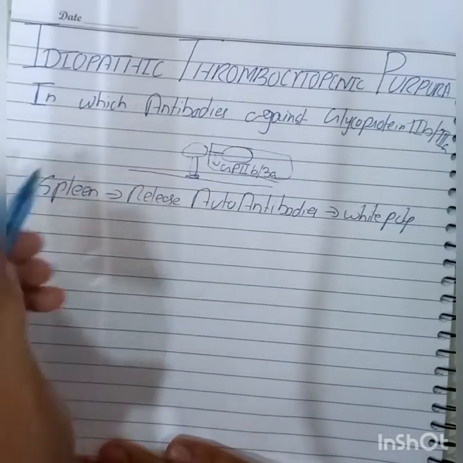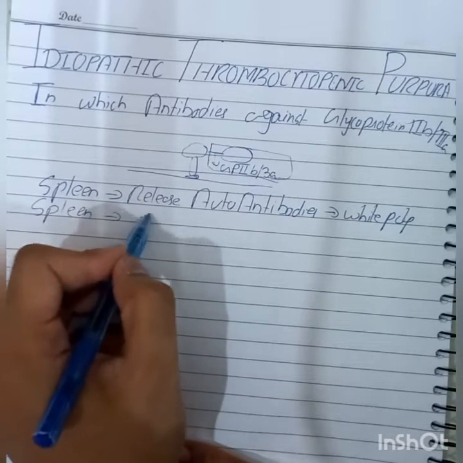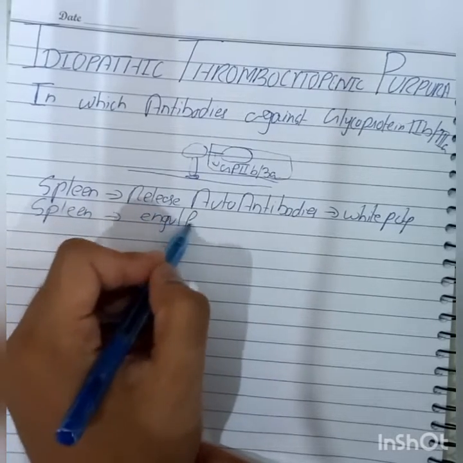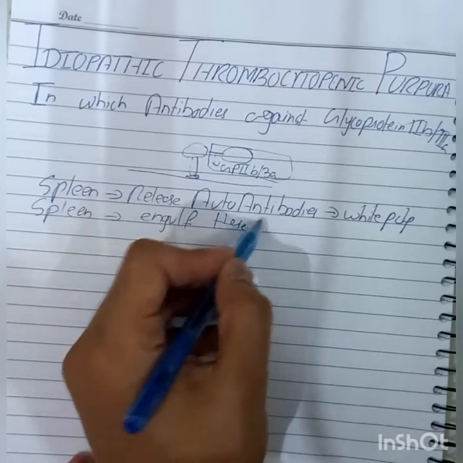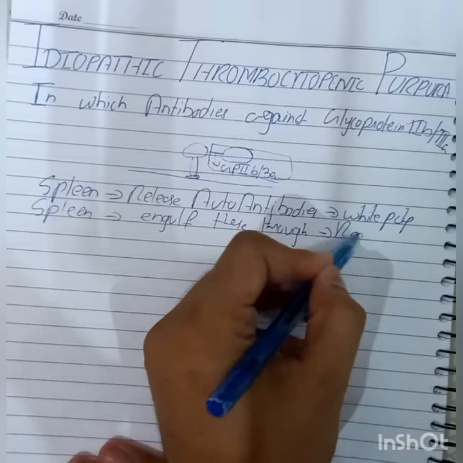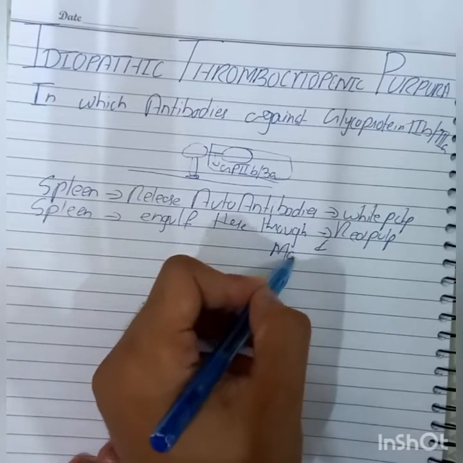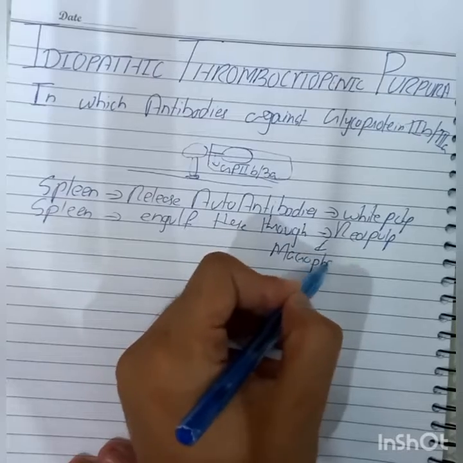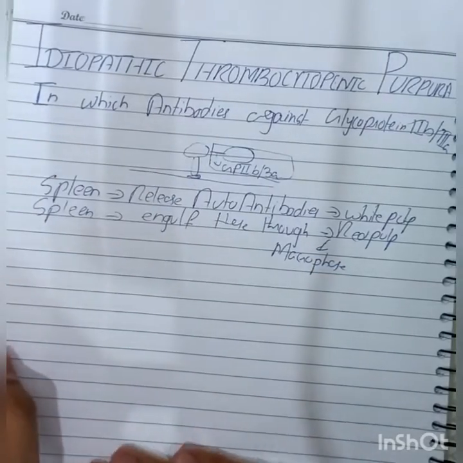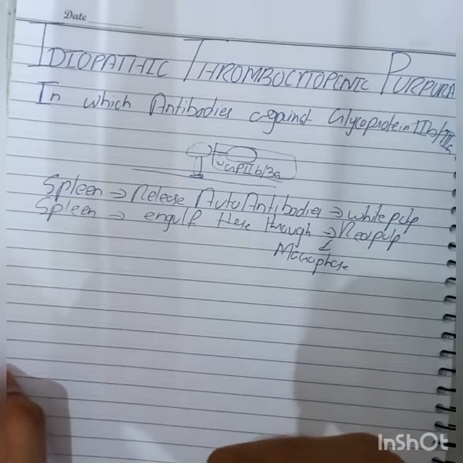The spleen also engulfs these platelets through the red pulp, and in the red pulp there is a macrophage-monocyte system which engulfs these platelets. So what is the most important organ involved in this?